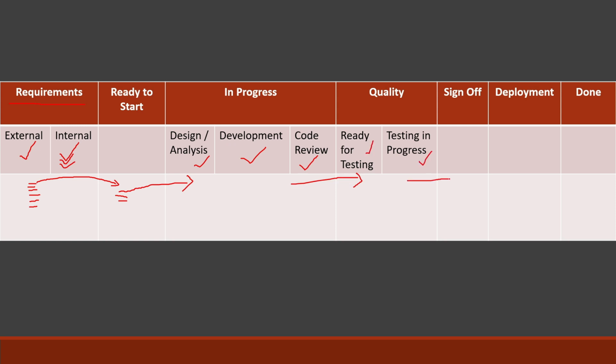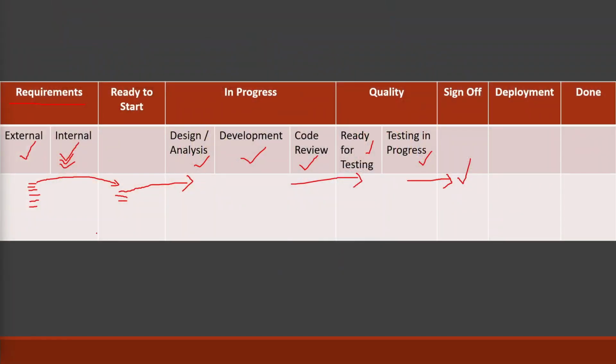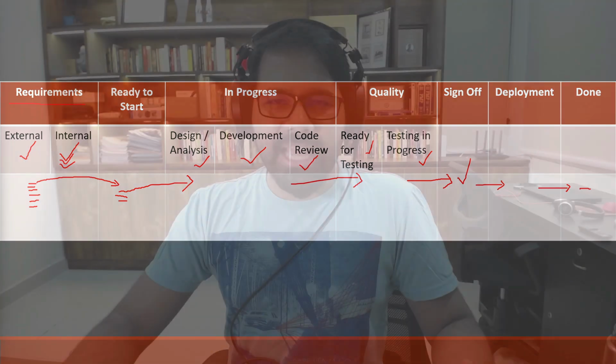Once testing is done, you receive a sign off on the requirement. This requirement could essentially be a feature or a story in Jira, right? So once this is signed off, then you move towards deployment, and this is followed by the done column, right? So finally, a story, a feature, or a requirement, it moves to done. So this is how a real life Kanban board will work on software delivery, right?